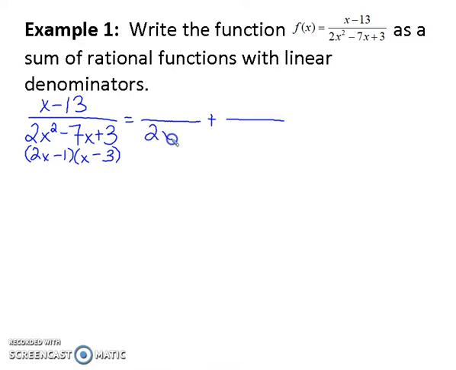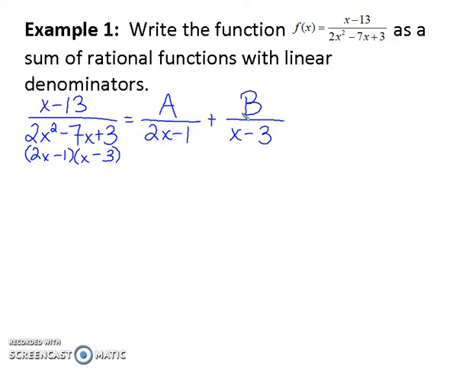So if initially I had some fraction with 2x minus 1 in the denominator and another fraction with x minus 3 in the denominator, through the process of finding common denominators, the denominator would end up being 2x minus 1 times x minus 3, which is where that 2x squared minus 7x plus 3 comes from. The only question is, what were the numerators in these individual fractions to where I would end up with x minus 13? So I essentially have an equation now that I'm trying to solve for A and for B.